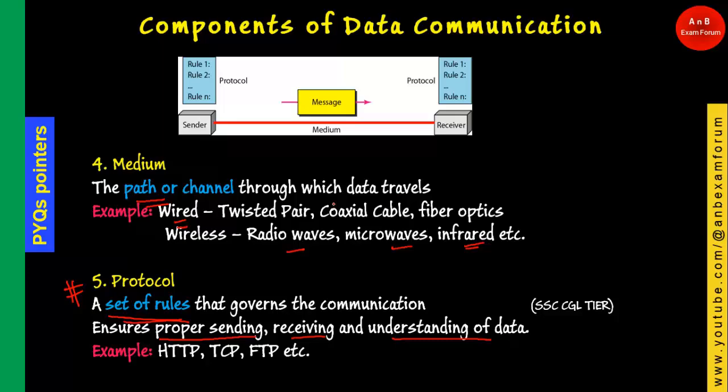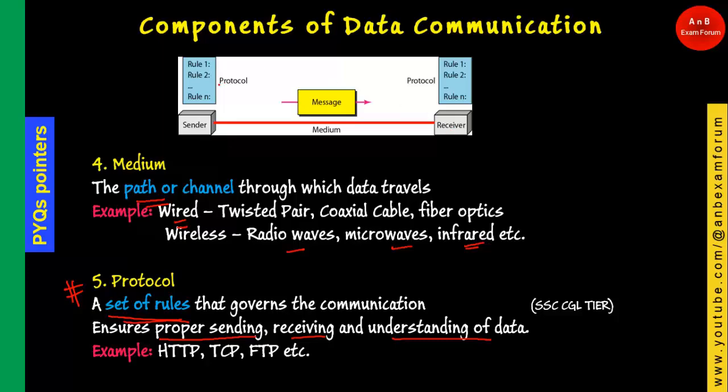Okay, I repeat once again. The message is basically text or data which is going to be sent from sender to receiver through some medium. Okay, the medium can be wired or wireless. The sender or receiver can be a computer, smartphone, or any other sensor.